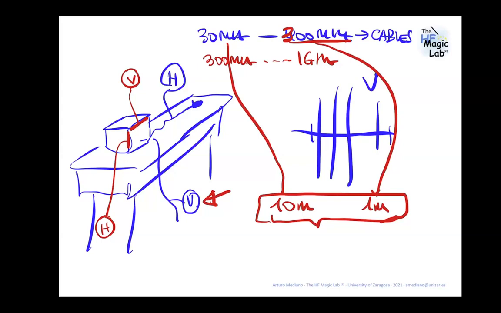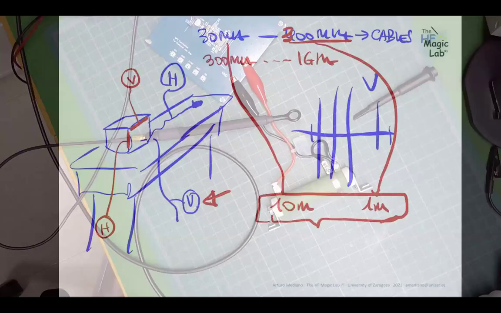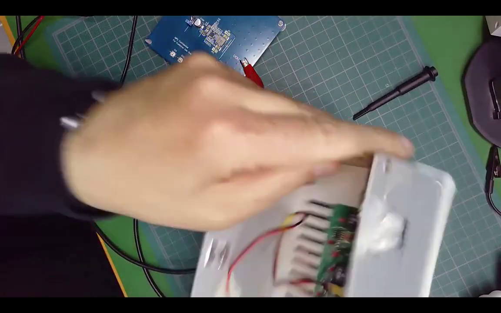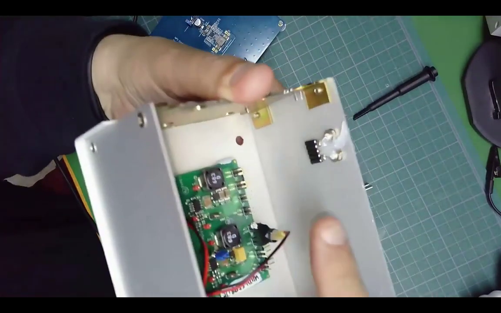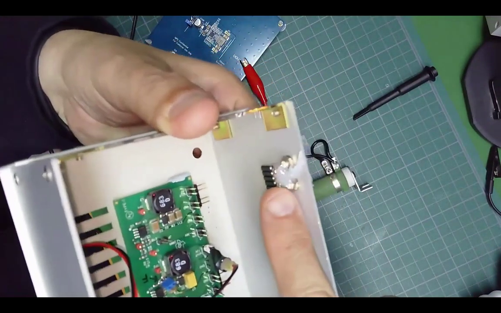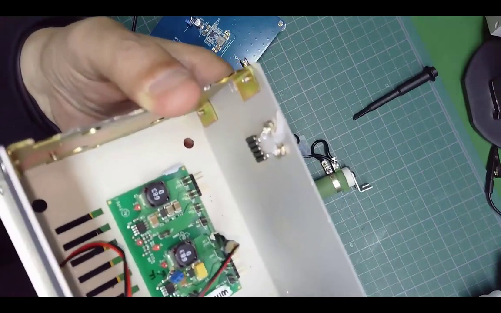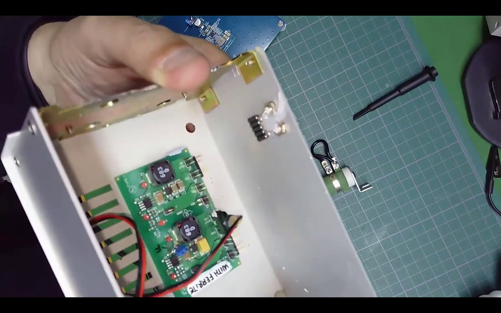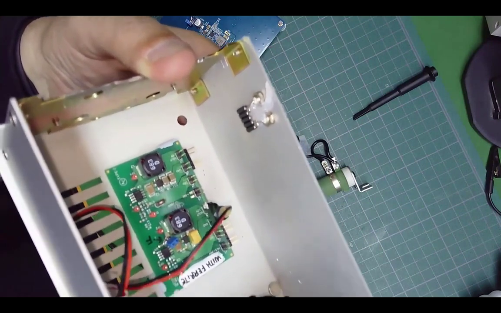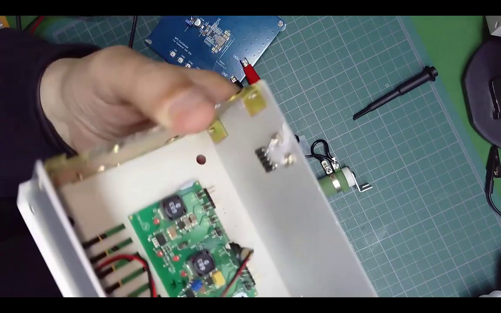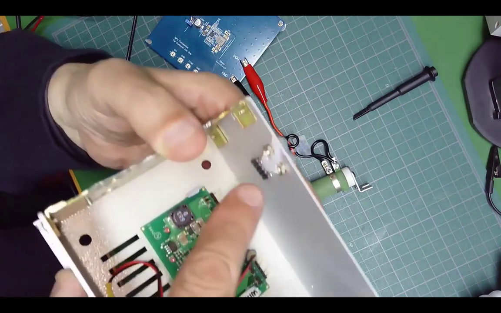What I have not shown in the demo, because we don't have time, is that another possibility for filtering, instead of using a ferrite in series, is to use a feed-through capacitor. Let me show you here. If I show you the camera, here I have two feed-through capacitors. It is something like the idea of a capacitor from line to earth and neutral to earth; in this case, from positive to chassis and from negative to chassis.